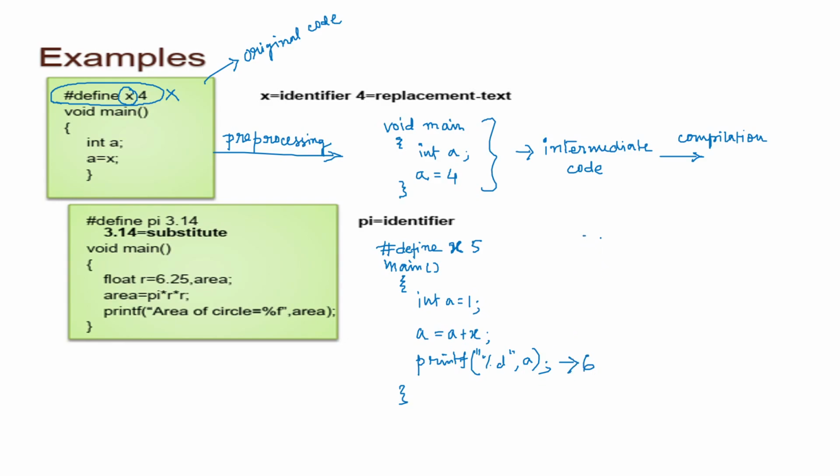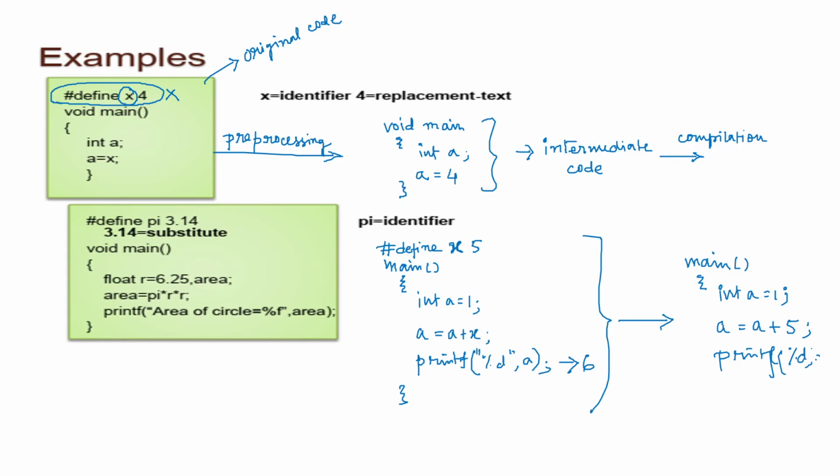Because this code is pre-processed and the actual code looks like this: main, int a = 1, then a = a + 5, since the define line vanishes in the intermediate code and x is replaced by 5, and then printf("%d", a).